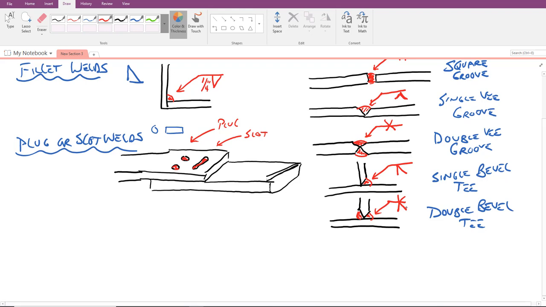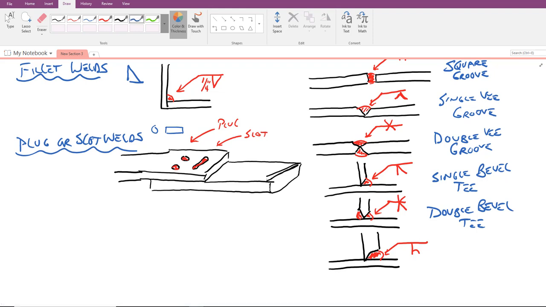And occasionally what we'll see looks a lot like a single bevel T, but rather than a straight section, I'll exaggerate it here, it's curved. I'll make it a little bigger so we can exaggerate that. Go ahead and weld that in there, and this one ends up looking kind of like an H on there.